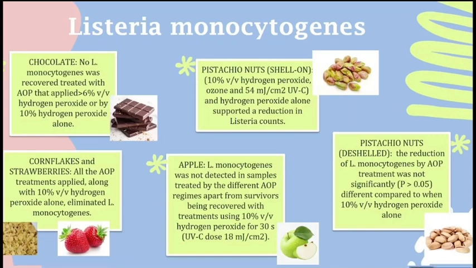And the last one, for sample chocolates, cornflakes, raisin, strawberry, and apple, shows that no Listeria monocytogenes was recovered when treated with AOP that supplied 36 and 54 mJ/cm² of UVC dose, 10% hydrogen peroxide and ozone, or by 10% hydrogen peroxide.